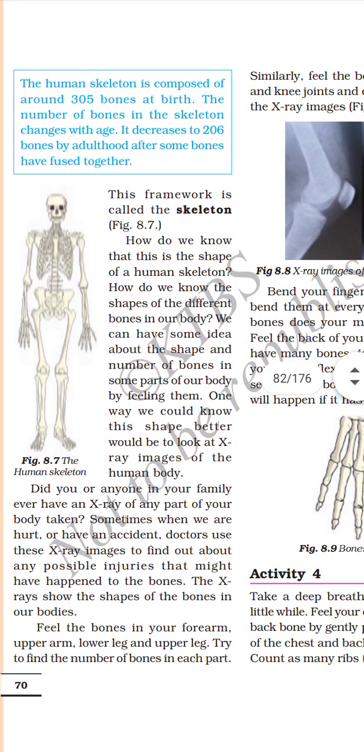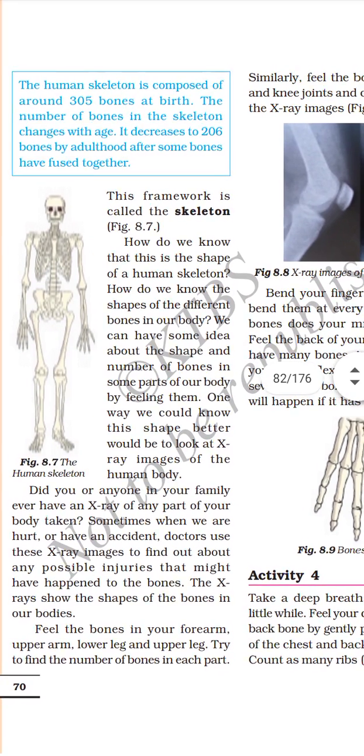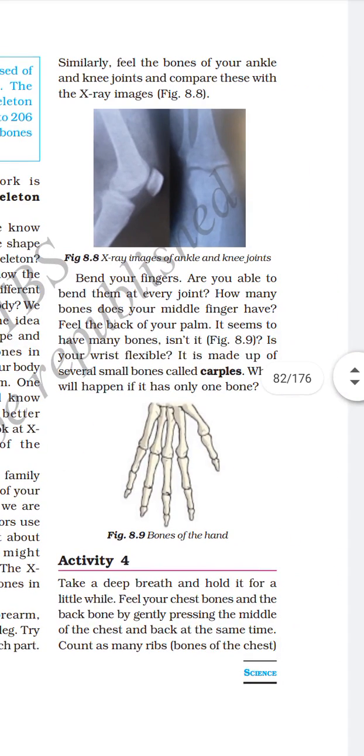Feel the bones in the forearm, upper arm, lower leg and upper leg. Try to find the number of bones in each part. Similarly, feel the bones of your ankle and knee joints. Compare this with X-ray images. Are you able to bend at every joint? How many bones does your middle finger have? Feel the back of your palm.